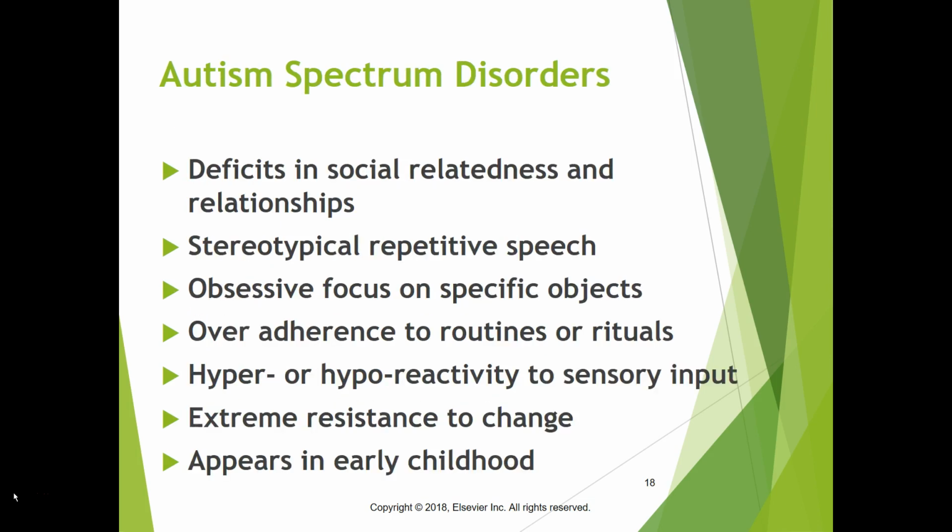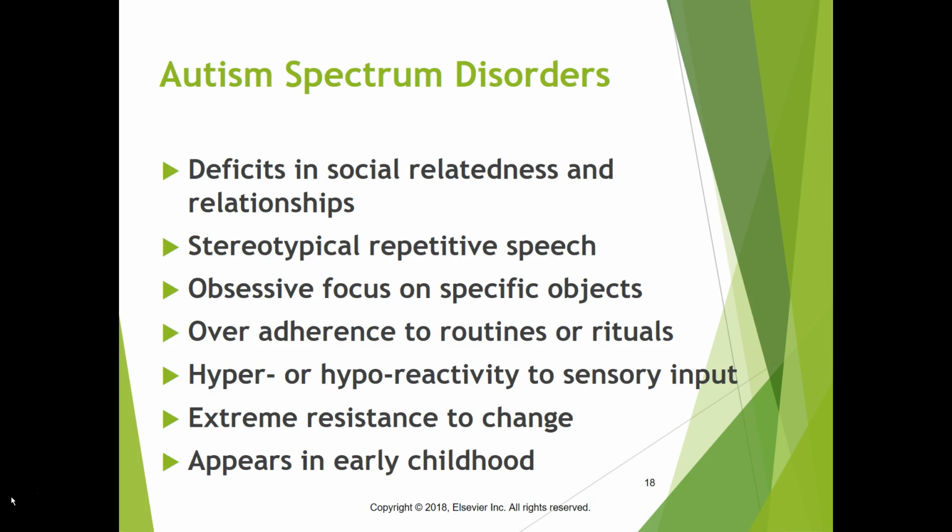So, autism spectrum disorders. These patients have deficits in social relatedness and relationships. Being that this is a spectrum disorder, again, we have to think about that continuum, and there are many different degrees of impairment when we are looking at kids with autism spectrum disorders.